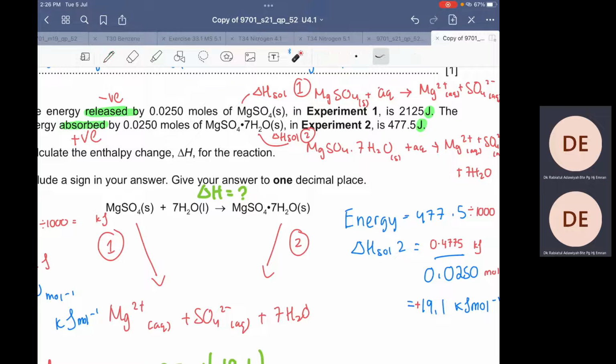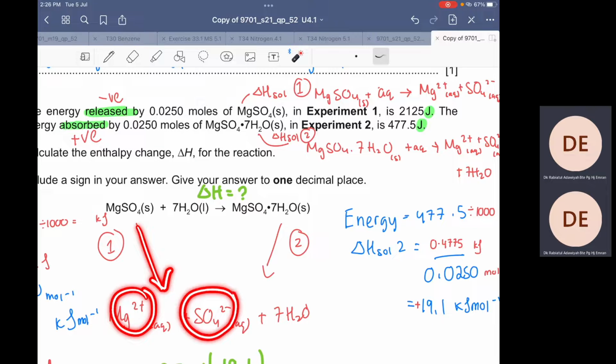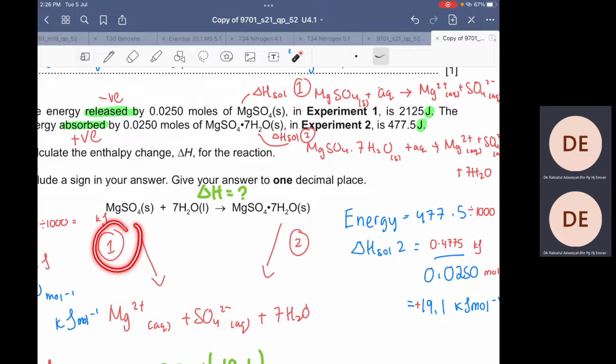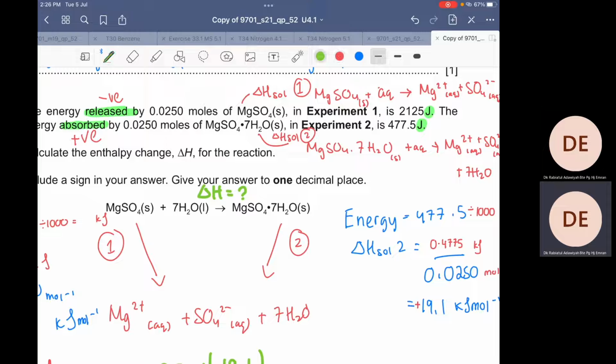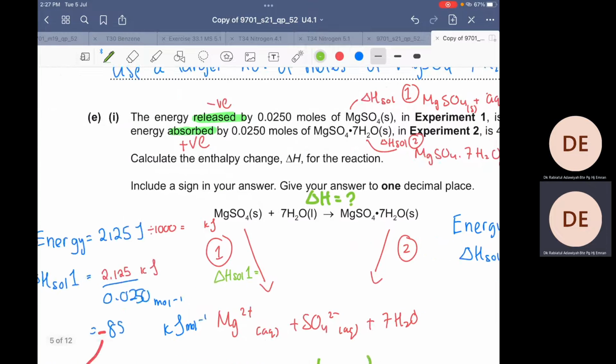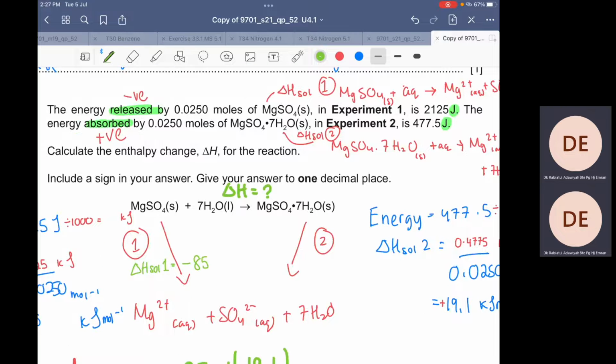So same thing, MgSO4 solid dissolves to form Mg2 plus, SO4 2 minus. That's equation 1, experiment 1. And I can label that as delta H sol 1, which is negative 85 kilojoules per mole.